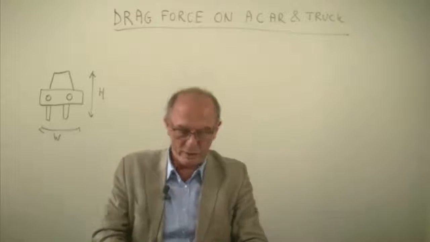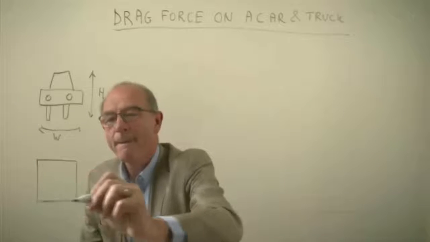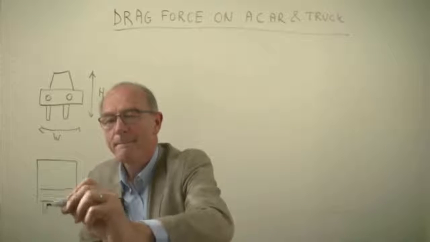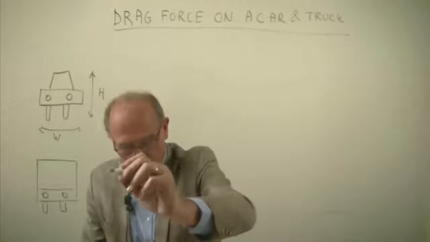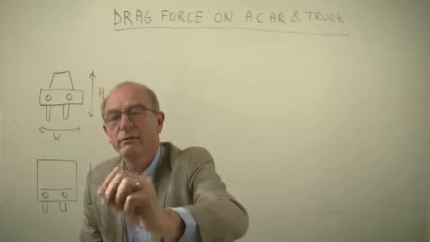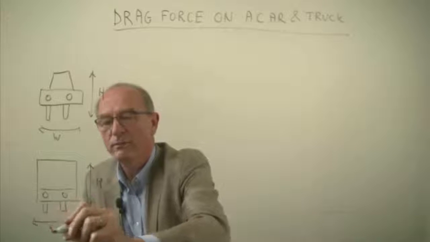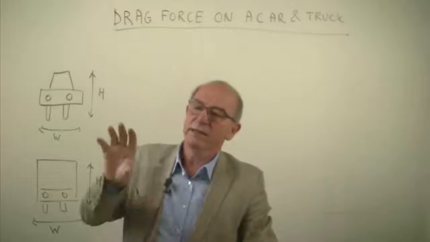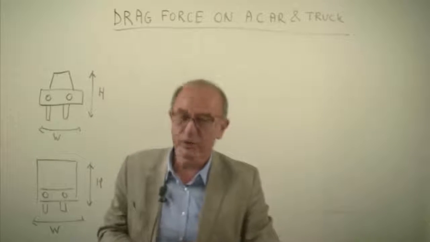And then I make a sketch of the truck, which is a little bit simpler, also with a certain height and width. The air we could also draw, but okay, leave it in this way.